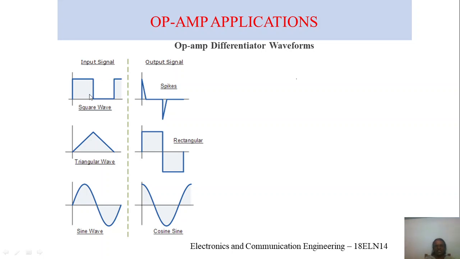If the input signal is a square wave, the output signal will be in the form of spikes. The equation for this also, when we derive, is V naught equals minus RC into dV by dt. If it is a triangular wave, after differentiating, that is the first derivative, we get a rectangular wave. Next, sine will change into cosine. The derivation for this is also very important and very easy, like we have seen for the integrator circuit.